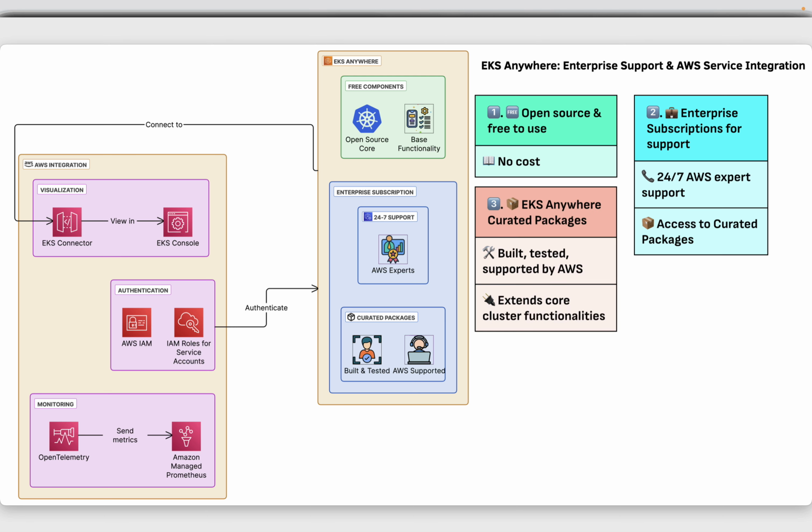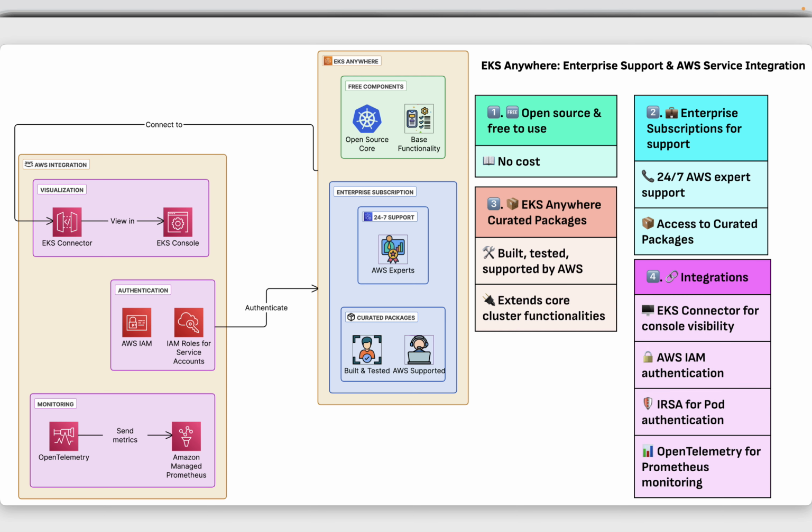EKS Anywhere curated packages extend core cluster functionalities through AWS maintained software packages. Integrations include the EKS connector for console visibility, AWS IAM for cluster authentication, IRSA for pod to AWS service authentication, and OpenTelemetry for Prometheus-based resource monitoring.